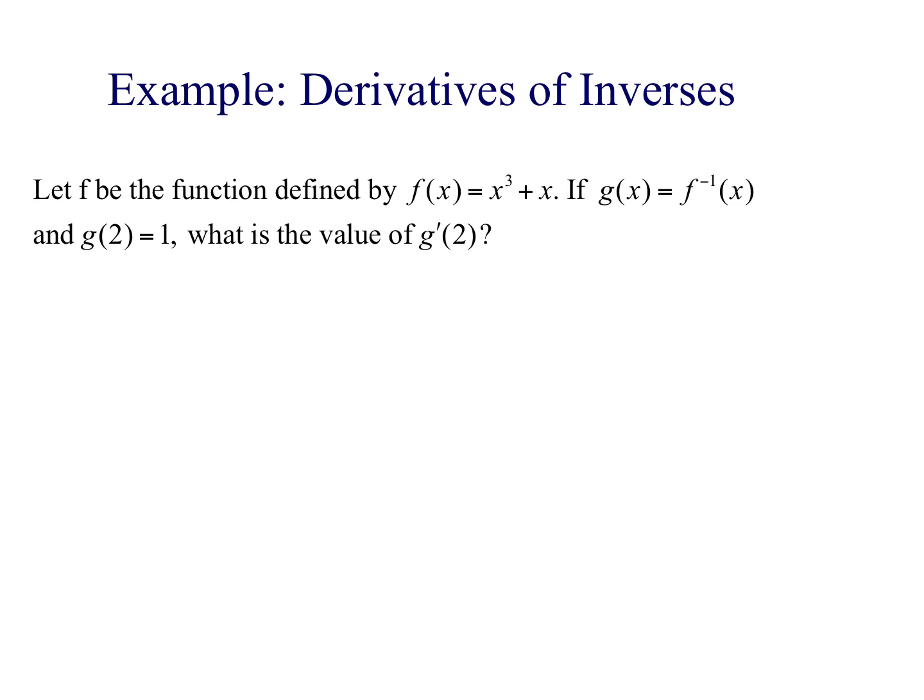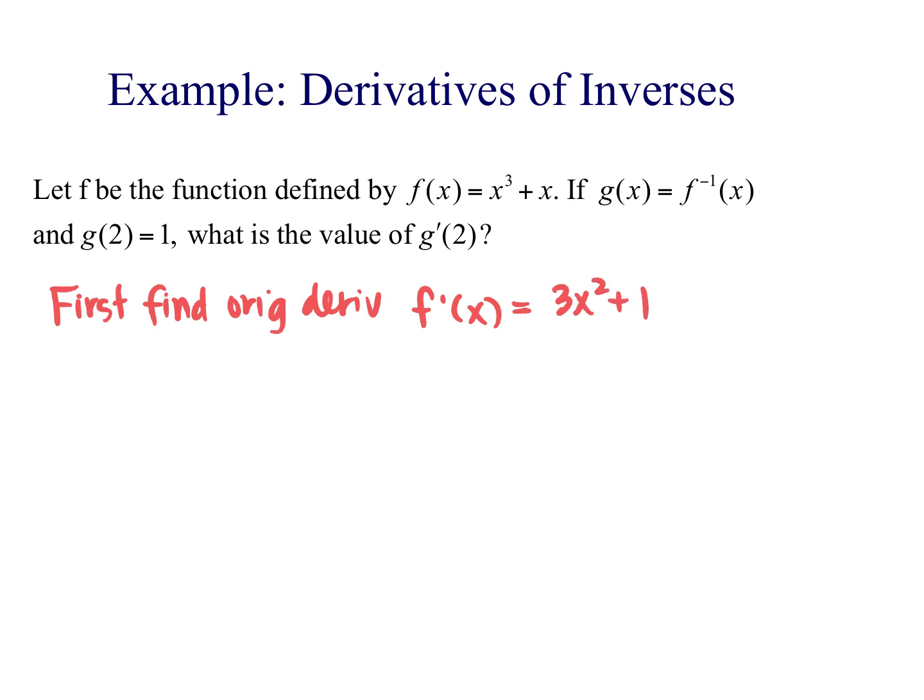And you need points, so you can plug the opposite point in. So first, find the original derivative. The original derivative of the original function is going to be what? It's pretty easy: 3x squared plus 1.